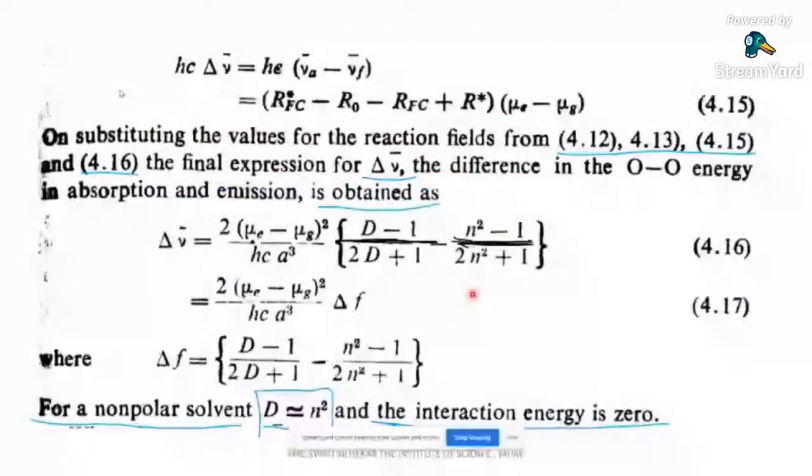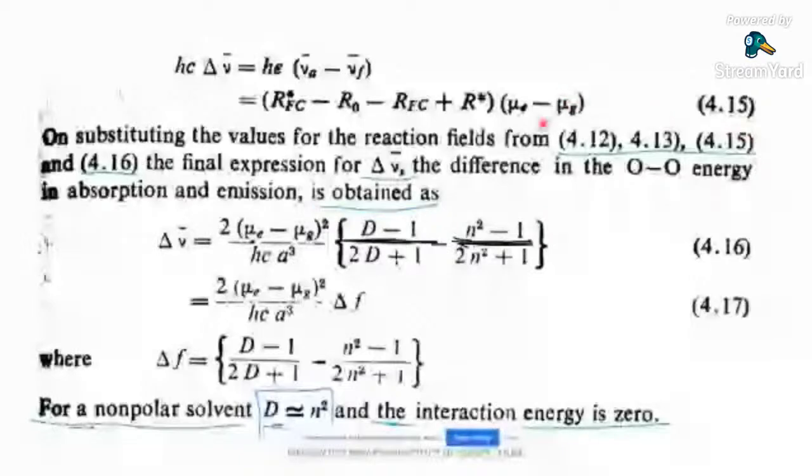So already we have obtained this equation. Now from the earlier derived equations, that is 4.12, 4.13, 4.15 and 4.16, the final expression for del nu bar will equal this value, which is twice in bracket mu e minus mu g, bracket squared, hc divided by a cubed, in bracket epsilon minus 1 divided by twice epsilon plus 1, minus n squared minus 1 divided by twice n squared plus 1.